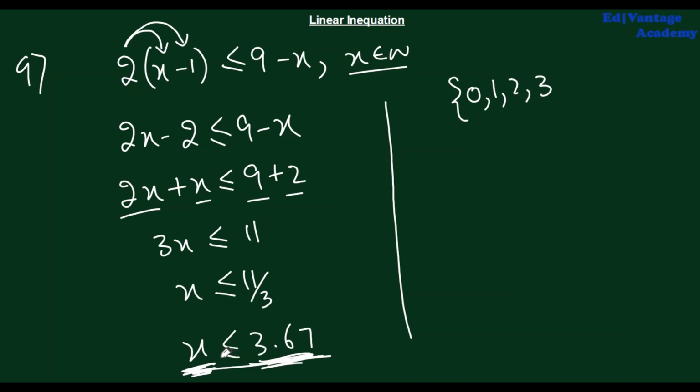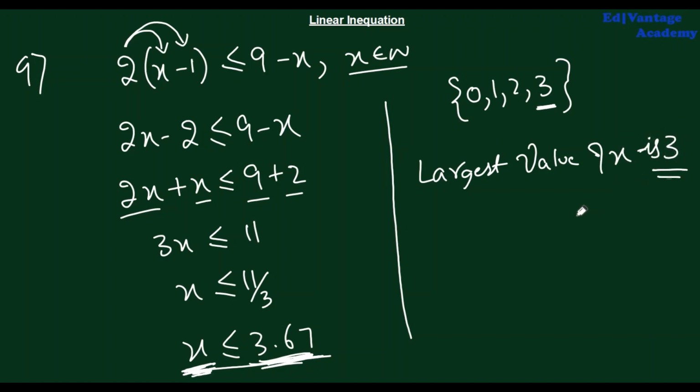That's it. 3.67 is not a whole number, so less than that is till 3. The question asked which is the largest value of x. It's 3 here, right? So the largest value of x is 3. That's your answer. Same thing, if they asked the smallest value of a whole number, it was 0.